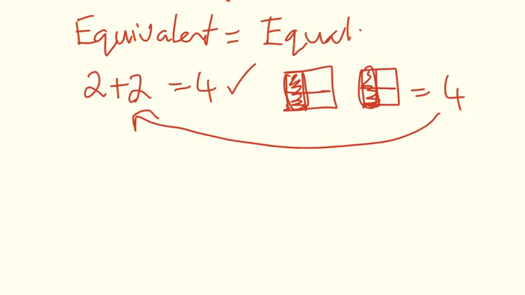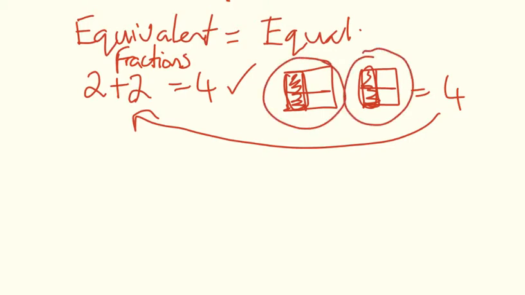Now, when we're dealing with fractions, because that's what we're looking at, equivalent fractions, a fraction, as we know, is part of a whole, so not a whole. If we look at our shapes here, the fraction we have there is 2 pieces shaded out of 4.